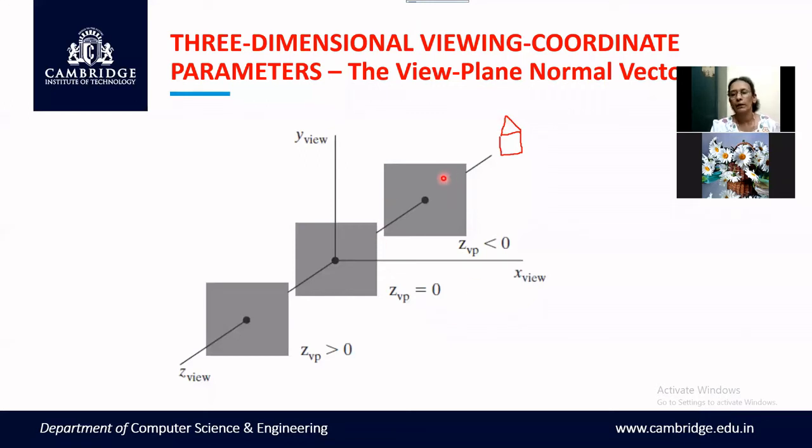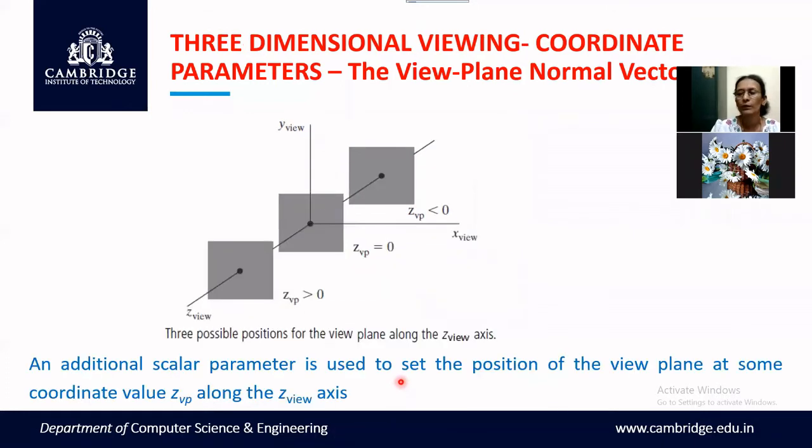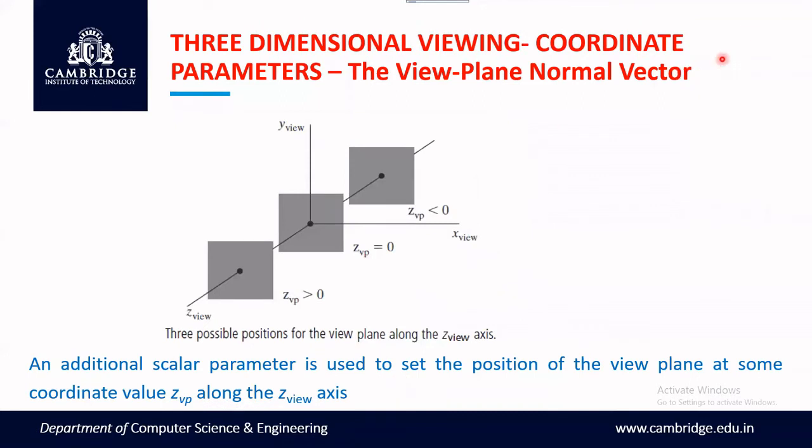To define the viewing coordinate system, we need the origin, the x-axis, y-axis, z-axis, and ZVP. An additional scalar parameter is used to set the position of the view plane at some coordinate value ZVP along the Z view axis.